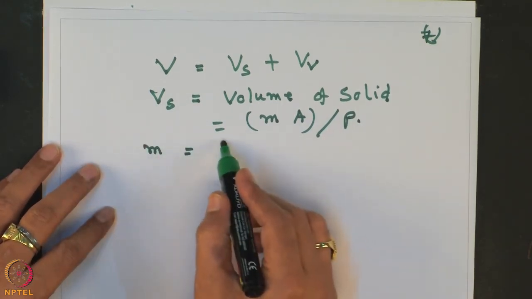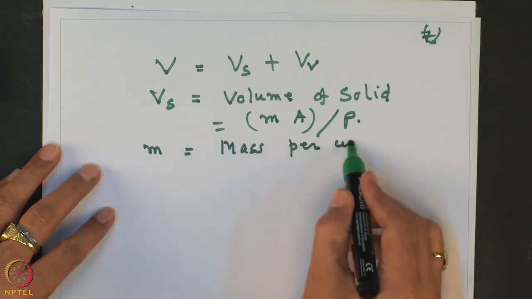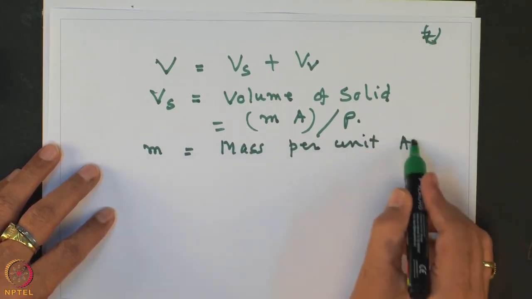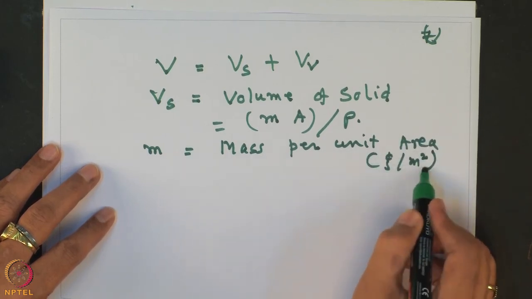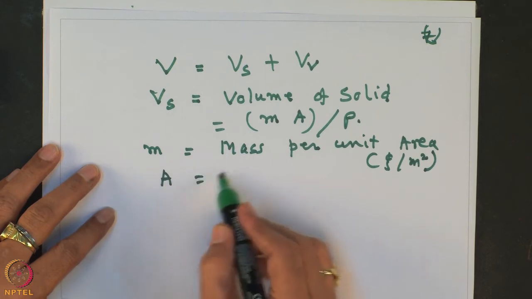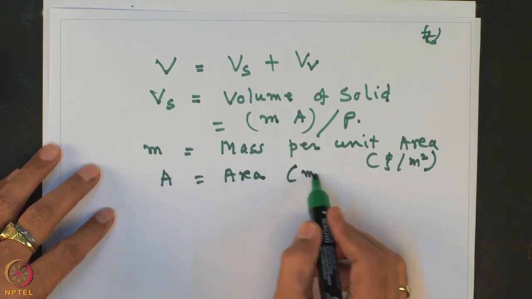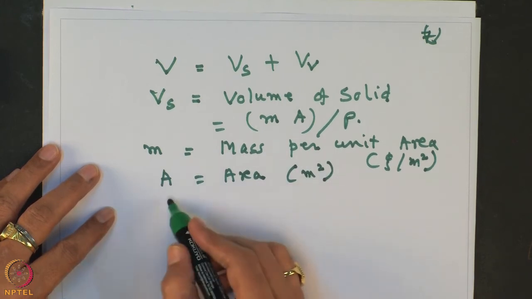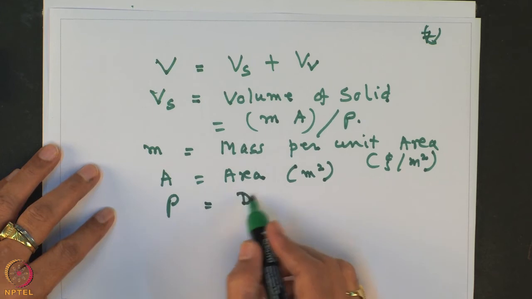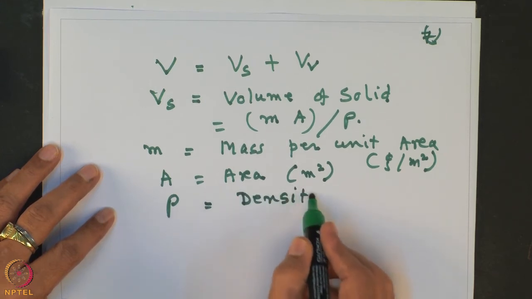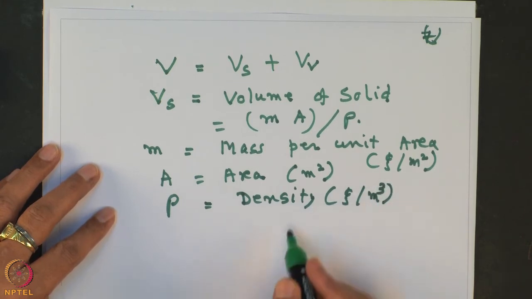M is equal to mass per unit area, that is gram per meter square, and A you know that is area and that is in meter square, and rho is the density. So, that is gram per meter cube.